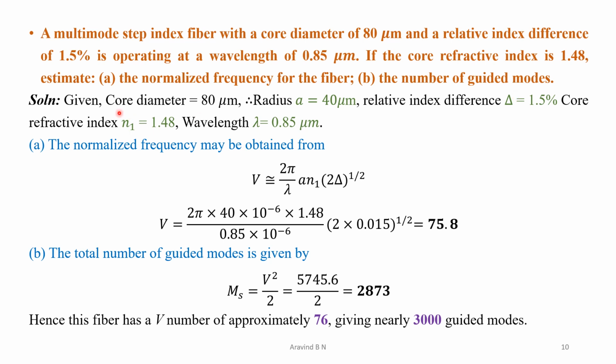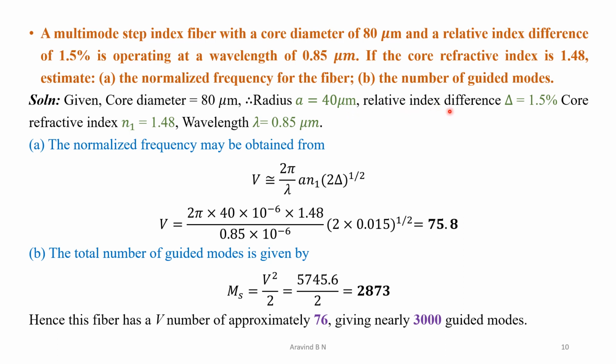So let us identify the given parameters first. Given core diameter, 80 micrometer. From this core diameter we can identify the radius of the core. The radius of the core is given by a, that will become 40 micrometer. So 50% of this diameter is the radius, therefore radius becomes 40 micrometer.